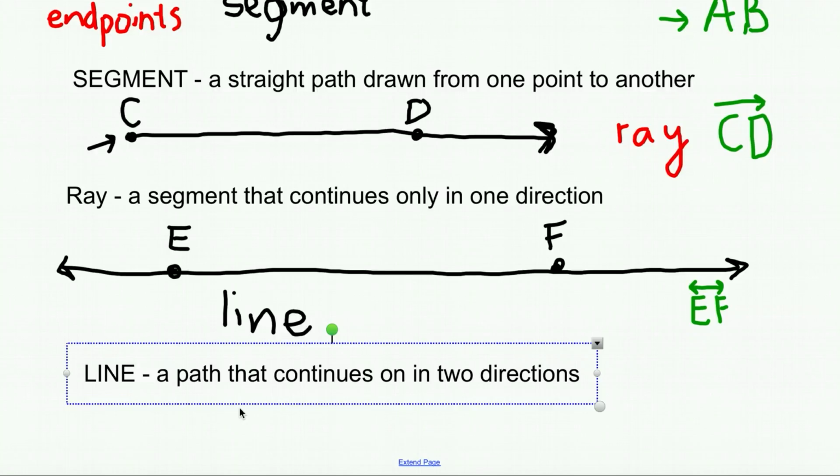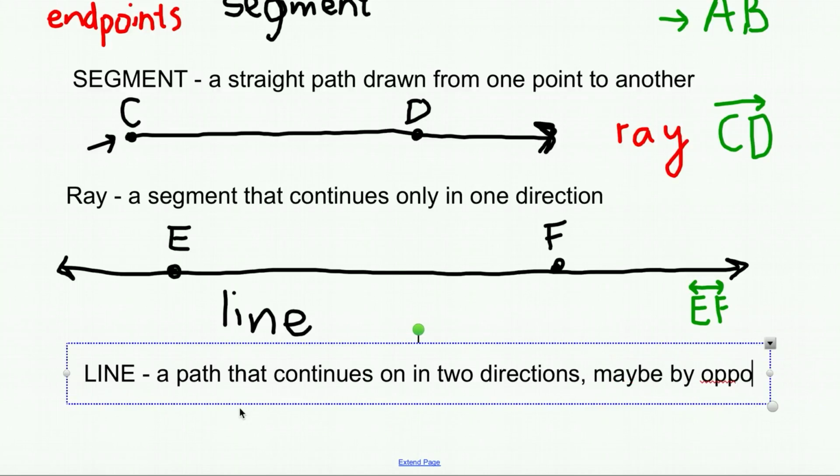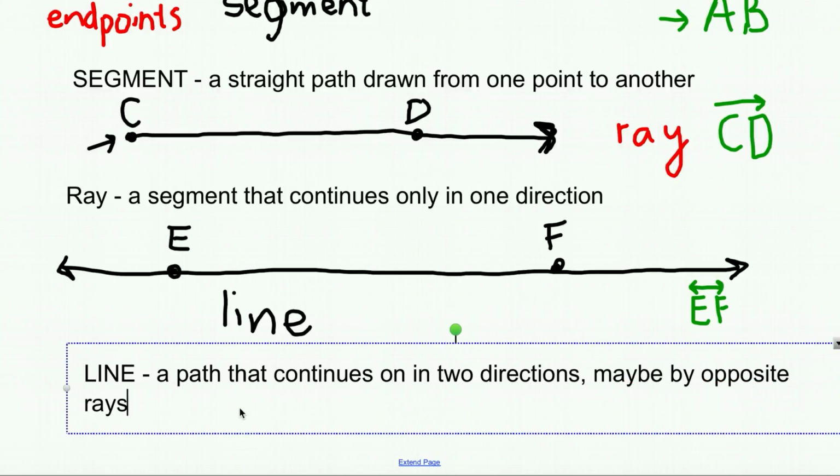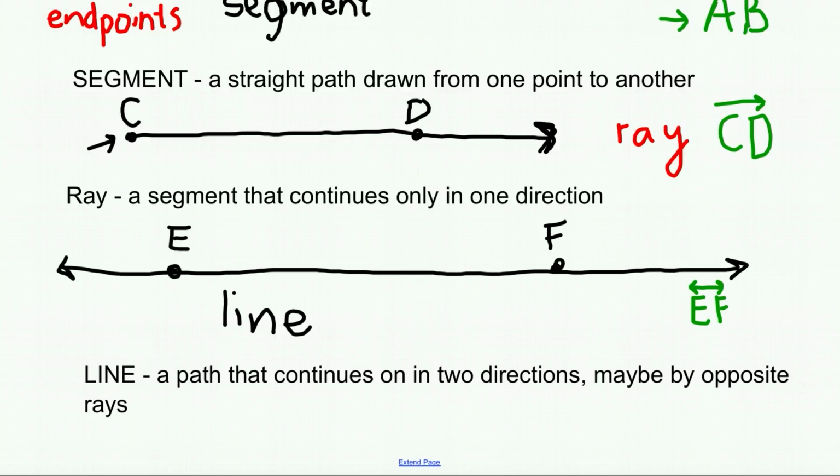Okay. Sometimes you'll see lines referred to as opposite rays. And what that means is, if you think about it, F to E like this, from here through here, could be referred to as a ray, and E to F is also a ray, right? If I were just to take this part of EF from here over, that's a ray.